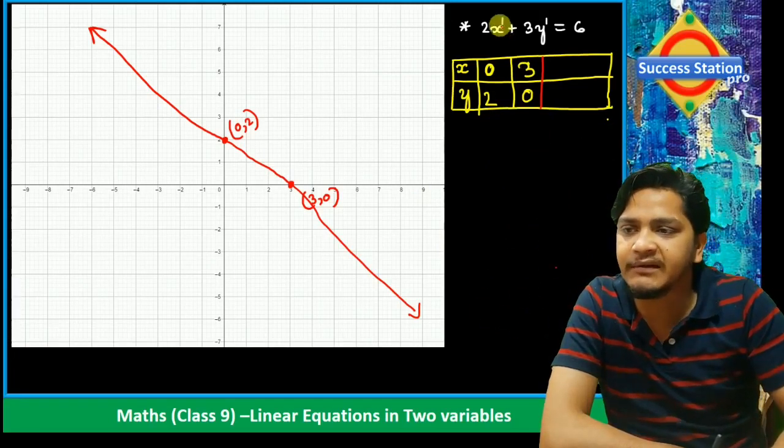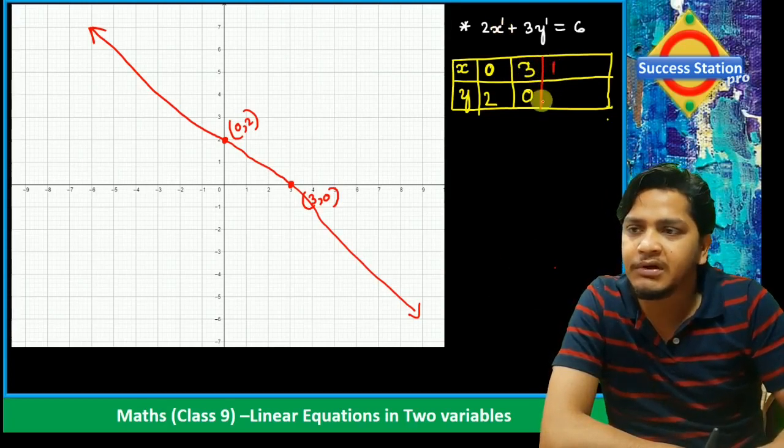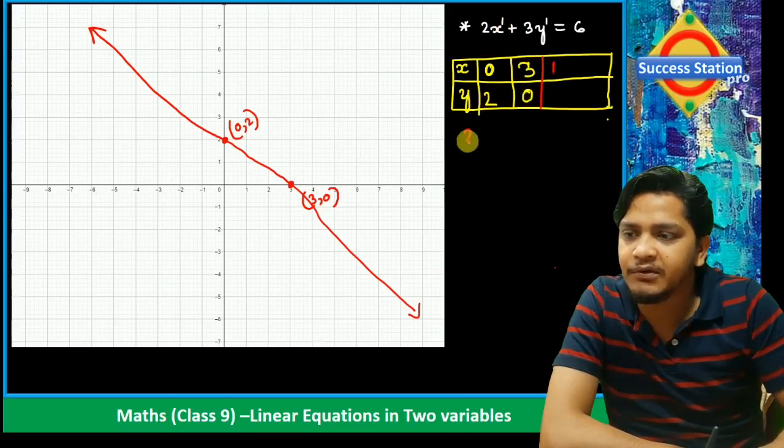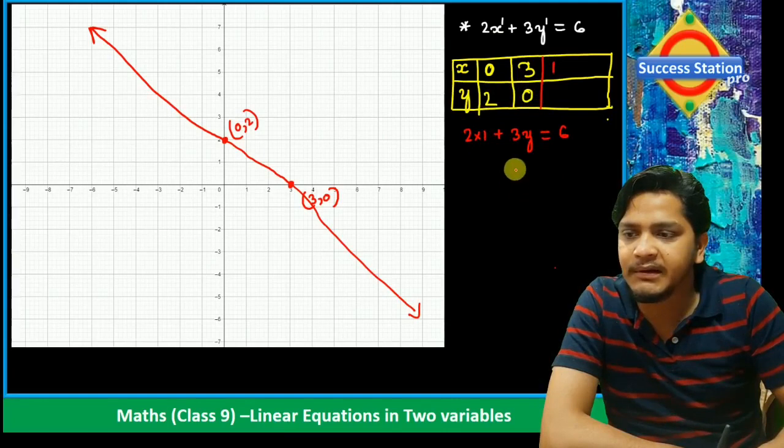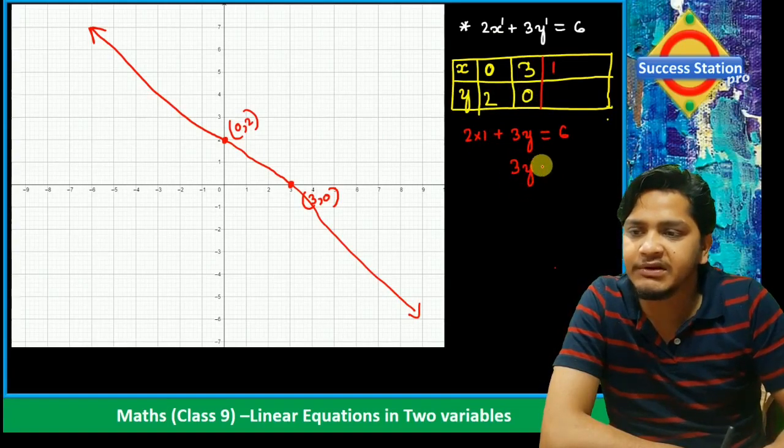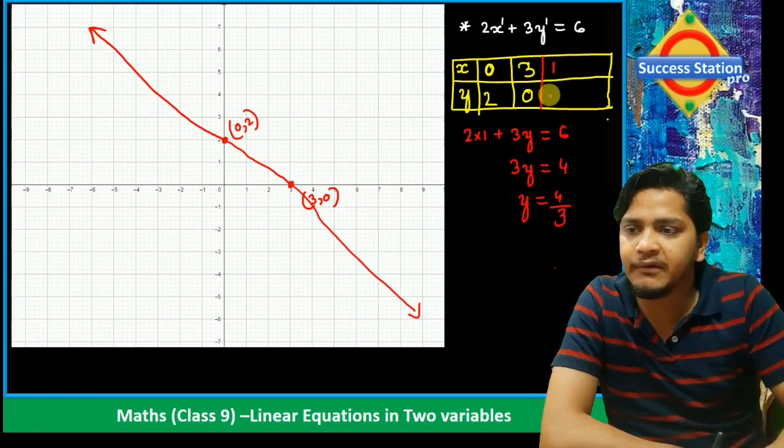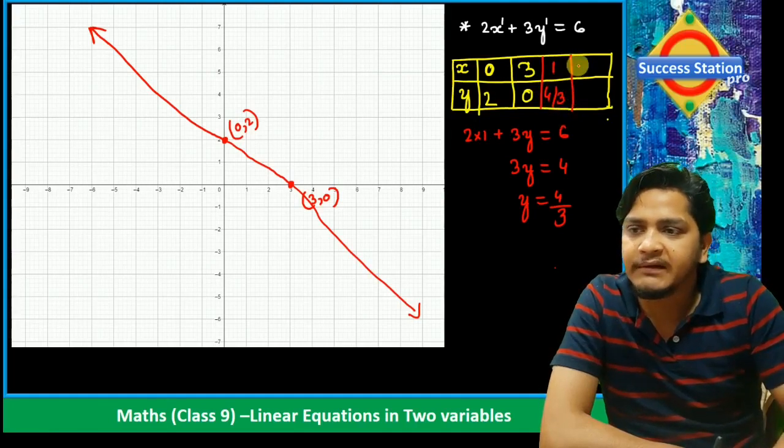Now let's take x equal to 1. If we take x equal to 1, then what do we obtain for y? So we obtain 3y equal to 6 minus 2, which comes to 4, and y equal to 4 by 3. So when x equal to 1, y equal to 4 by 3. Right? Okay, x equal to 2.